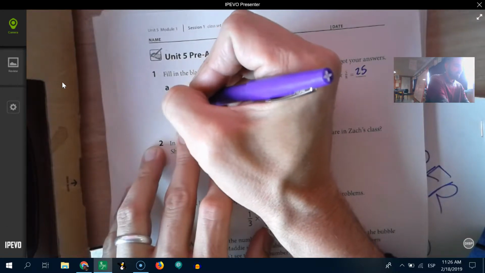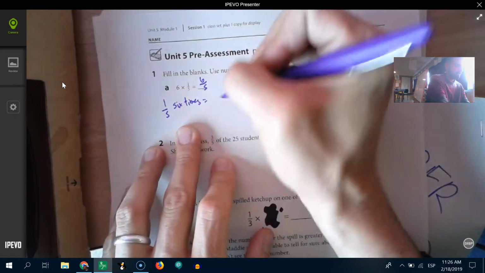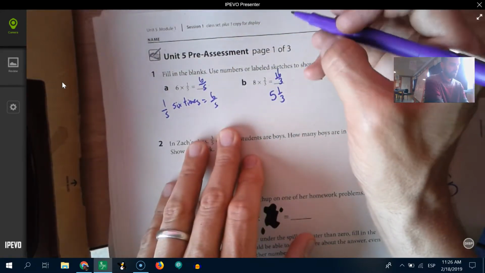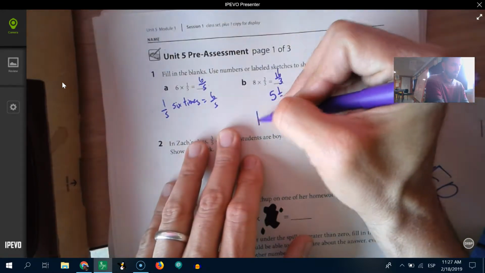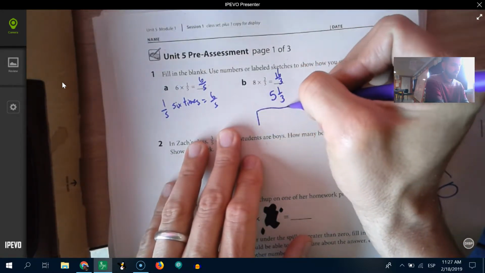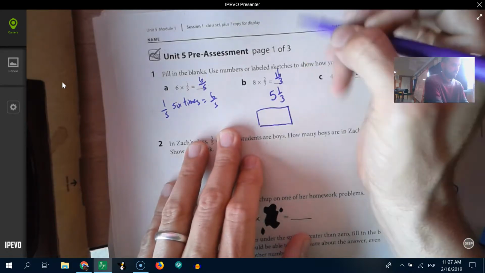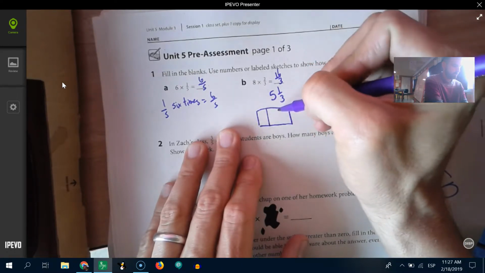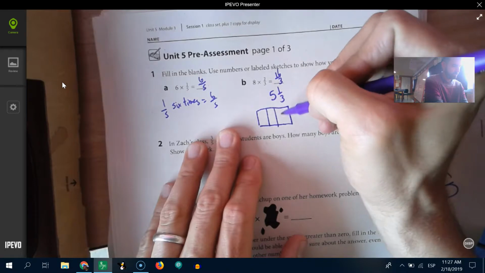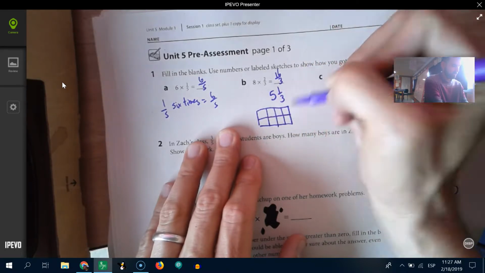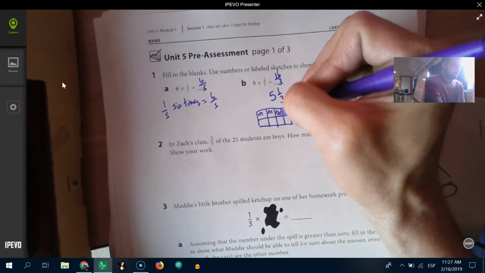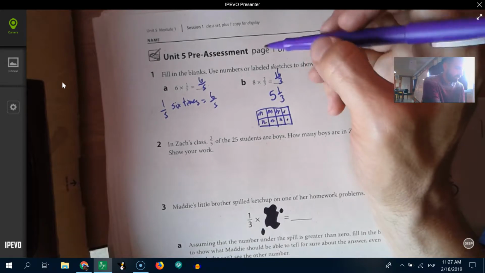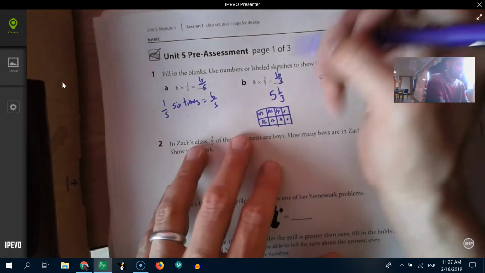1/5 6 times equals 6/5. I guess I could do something like, if I have 8 things, 1, 2, 3, 4, 5, 6, 7, 8, and of this whole I just want to see 2/3 of them.